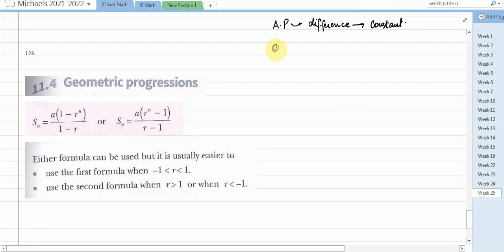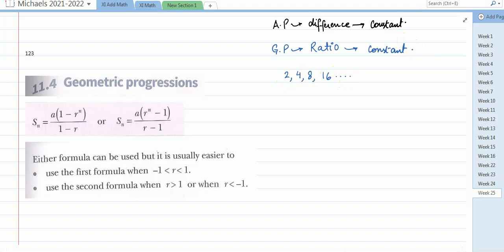For geometric progression, similar to arithmetic progression, we are going to focus on the ratio, and similarly the ratio must be constant. Alright, what do you mean by ratio? Let's suppose that we have a sequence 2, 4, 8, 16. That sequence is from a geometric progression.